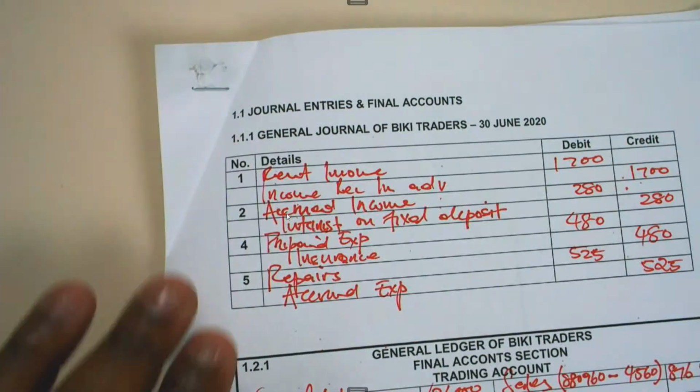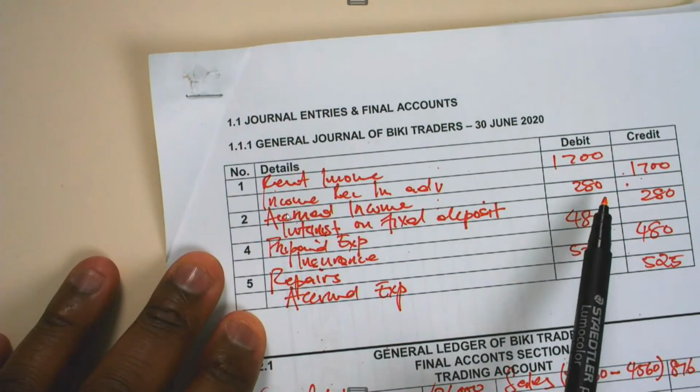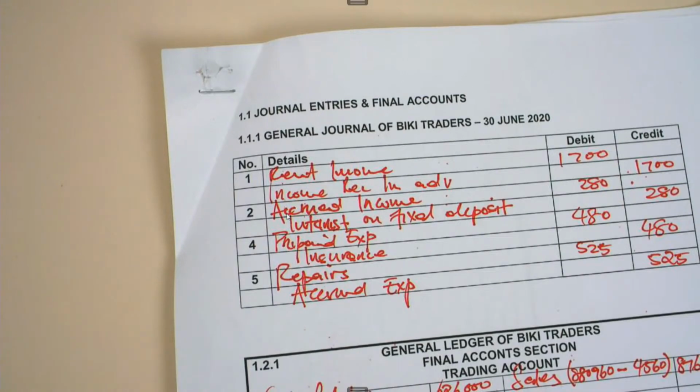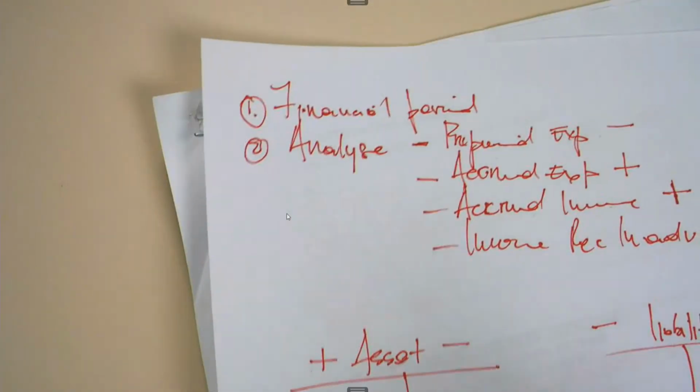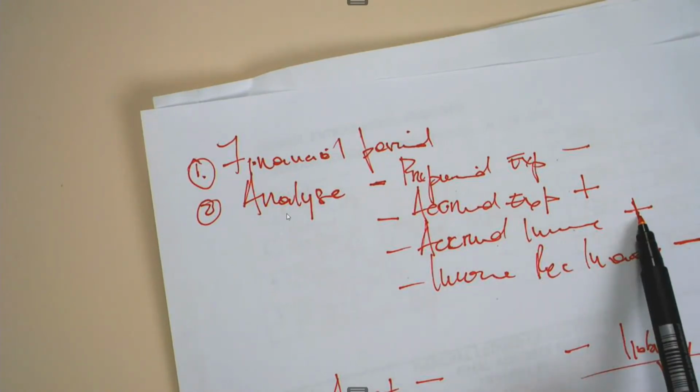Let's go to our general journal. We had interest on fixed deposit that we still have to receive to the value of 280. Right. And then it is accrued income. Any accrued income, we add.